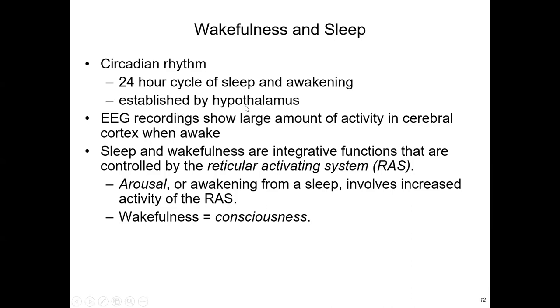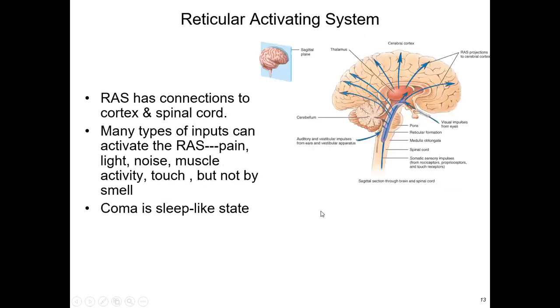The hypothalamus sends out nerve impulses to control this middleman, the reticular activating system. And the result is either wakefulness, consciousness in our cerebrum, or sleep, which is an unconscious state of our cerebrum.